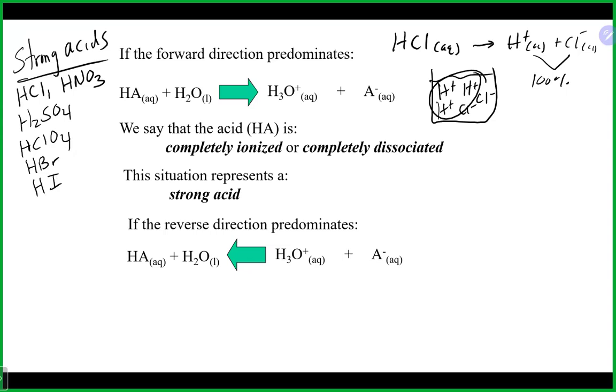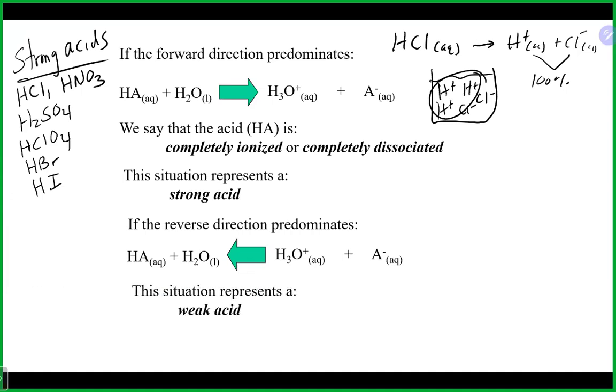This list of 6 are your 6 basic strong acids. If you come across anything else that's an acid that is not one of these 6, you could probably safely assume that it's going to be a weak acid. As we continue on in chemistry, especially when you get into 1B, knowing these is very helpful.